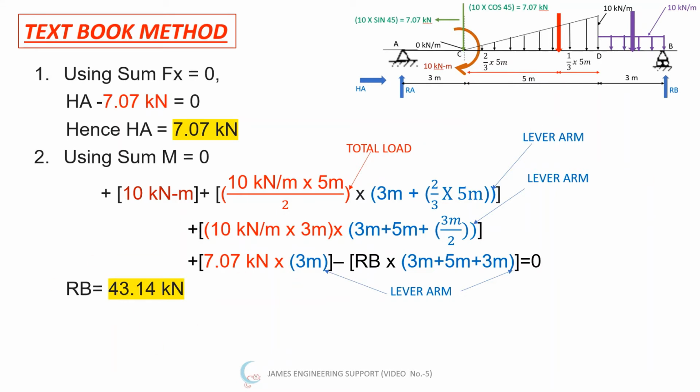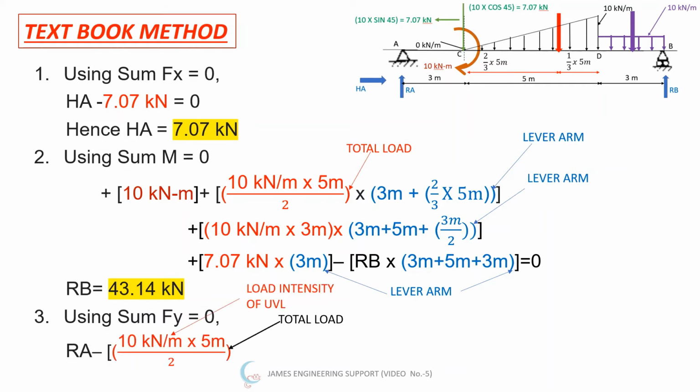Now we will use our other equation, the summation of vertical forces. First we will consider RA positive, then minus 10 multiplied by 5 divided by 2, that is the triangular load. Then I'm considering all the downward forces in a bracket, that's why the negative is outside and that's why this is plus.